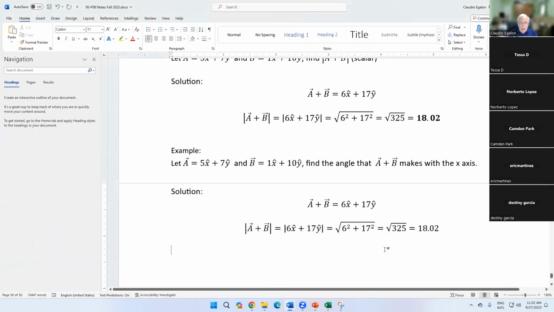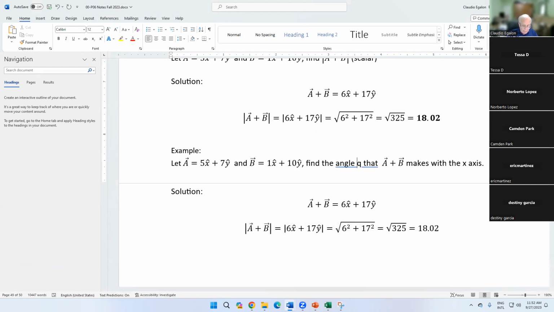Okay, so what do we do? Find the angle theta 2 prime.